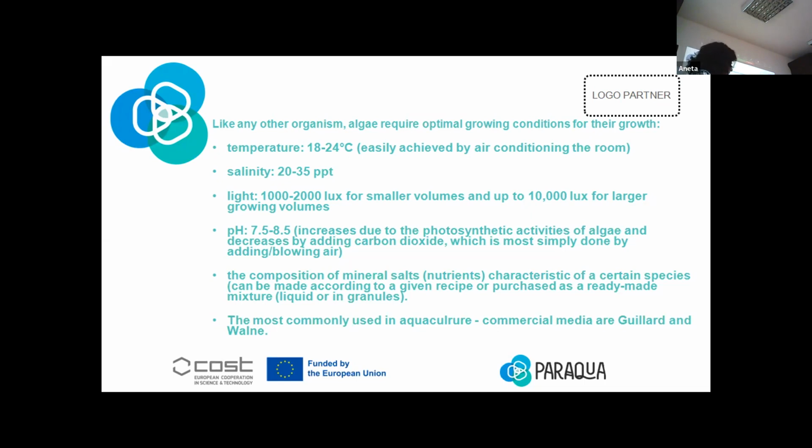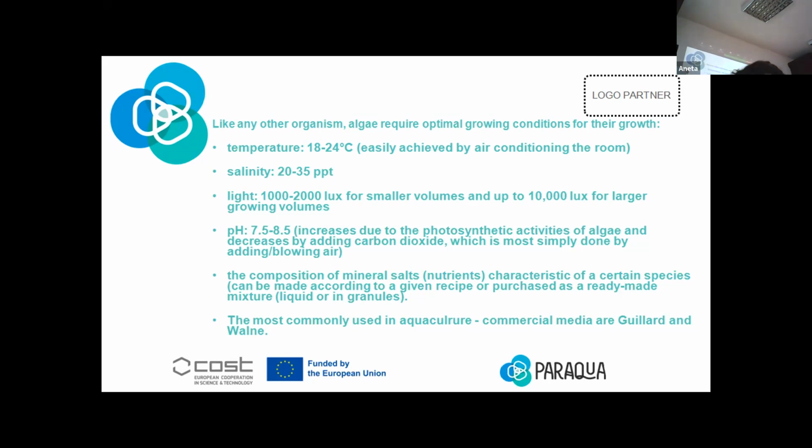These are their requirements, but the design of the system will determine how much light the algae will get, the pH, and the consumption of mineral salts. We need to know which salts, or which element, should be added for each species. For example, silicates should be added for diatoms.